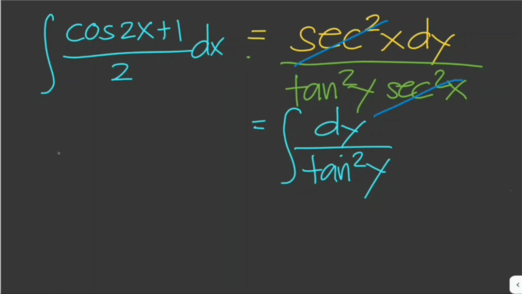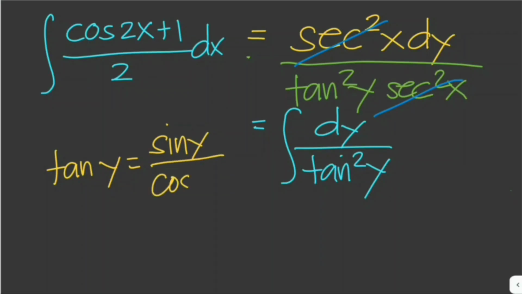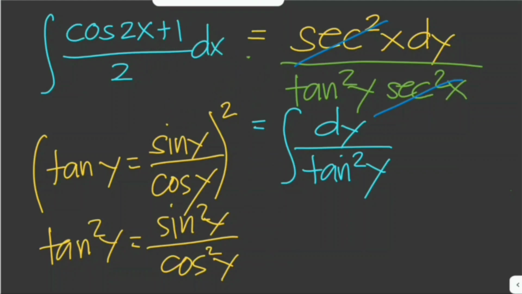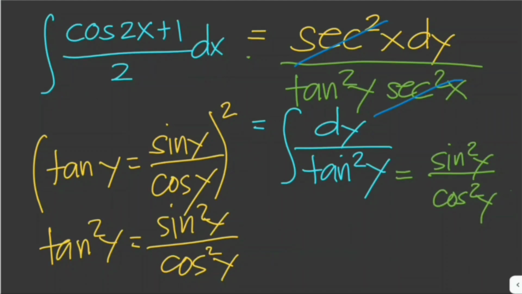We knew that tangent of y is just equivalent to sine y over cosine y. And now if we square both sides, we'll get tangent squared y equals sine squared y over cosine squared y. Therefore, tangent squared y here is just equivalent to sine squared y over cosine squared y.